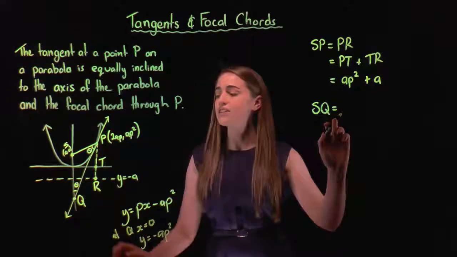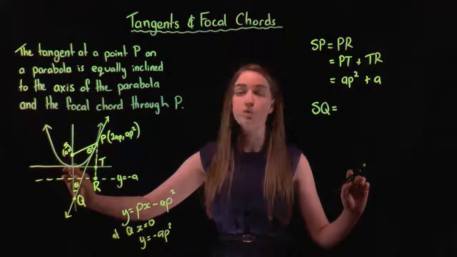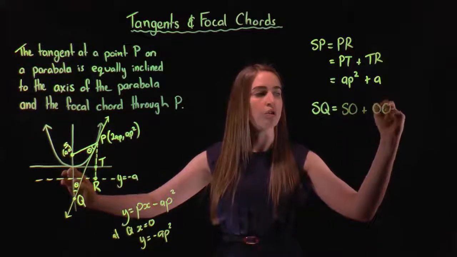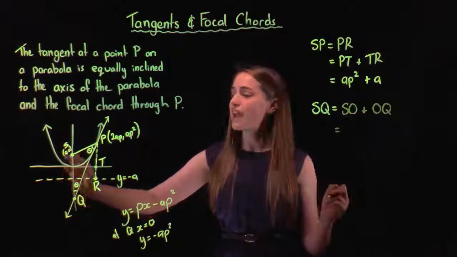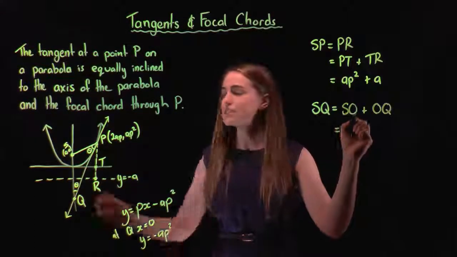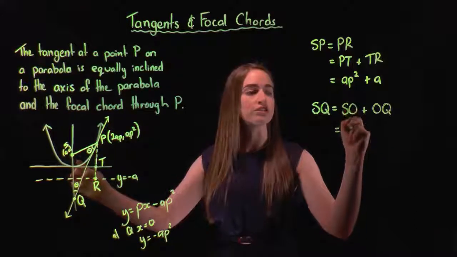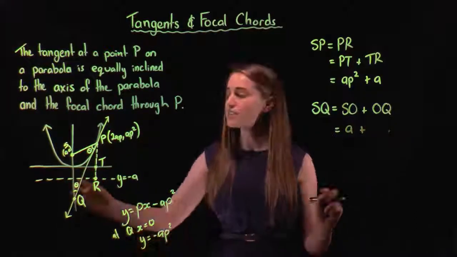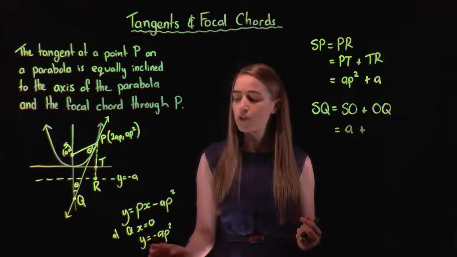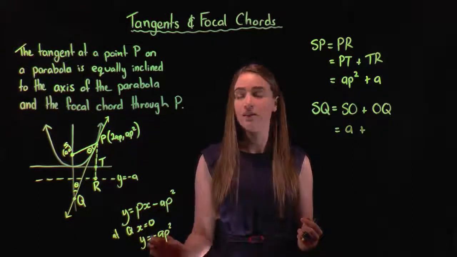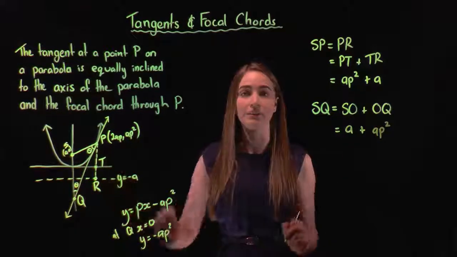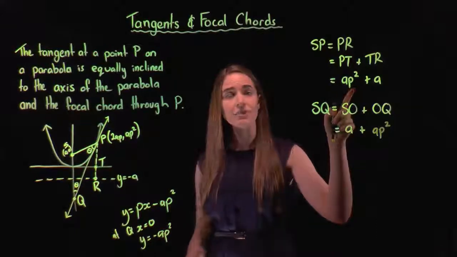So the distance SQ is going to be the distance SO, if we call O the origin, plus OQ. Because the focus has coordinates 0, A, the distance from the origin to the focus is just A. And the distance from the origin all the way down to Q, well, we've just found that the y-coordinate of Q is minus AP squared, which means the distance there is AP squared, which is exactly the same as what we had up here.